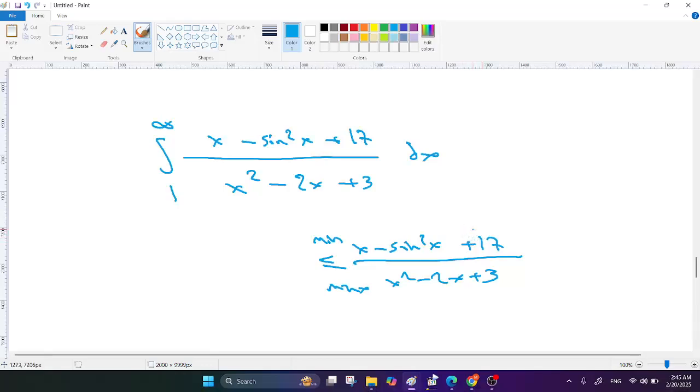So if we remove it, we are minimizing. So we get x minus sine squared x. Below, to maximize, you get x squared plus 2x squared plus 3x squared. This equals x minus sine squared x over 6x squared.